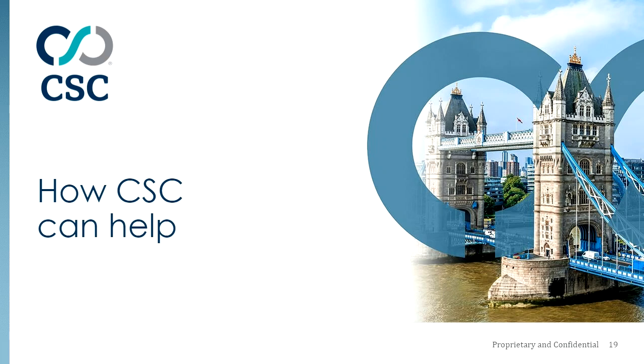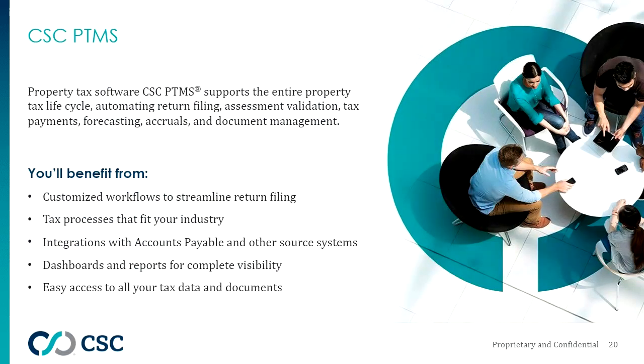So we've talked about all of the issues with property tax, but how can we better address the property tax compliance process, and how can CSP help with that? PTMS is our property tax software that automates the entire compliance process, from return filing to bill payment to property tax accruals and everything in between.